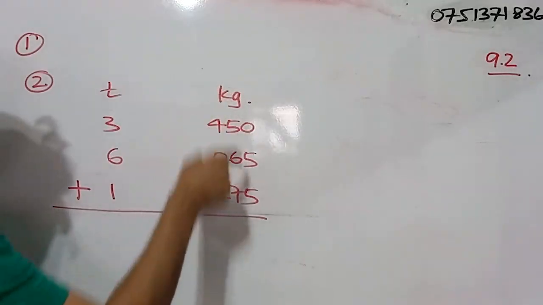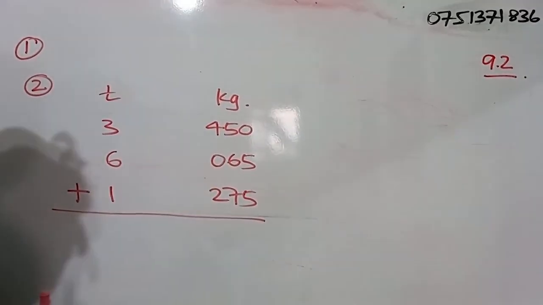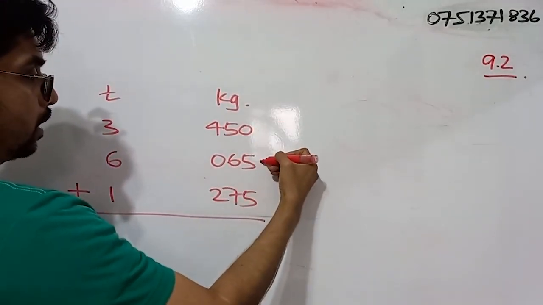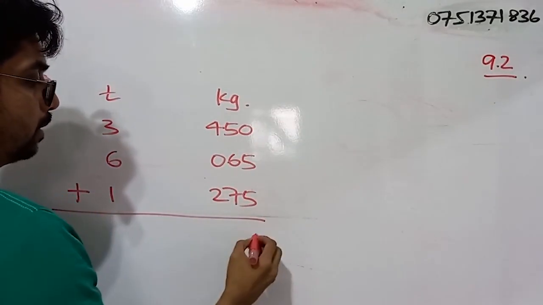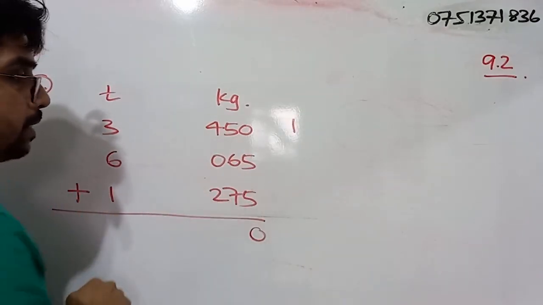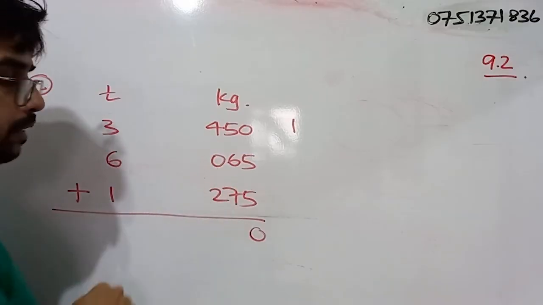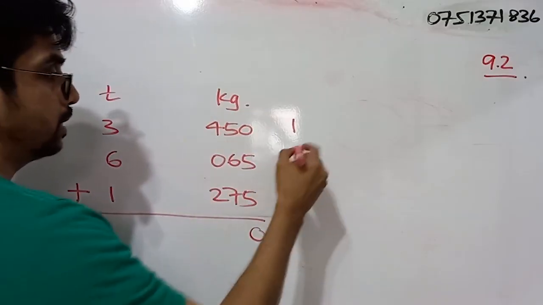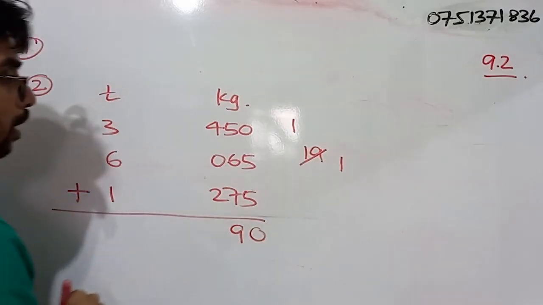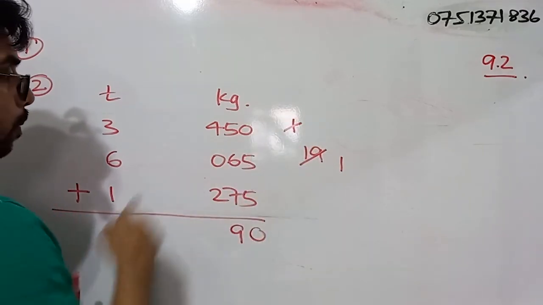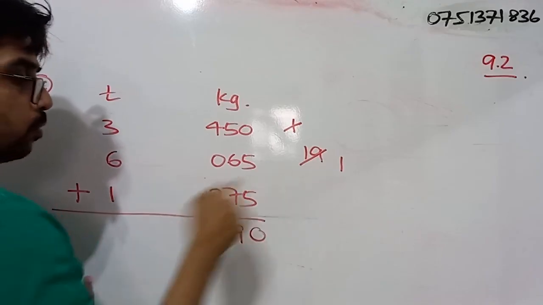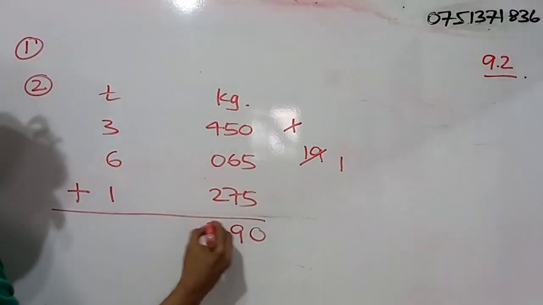Part 2. So here, just as before, we start from the kilograms portion, right? So 0 plus 5, that is 5. 5 plus 5, that is 10. So we put a 0, then regroup the 1, right? So 5 plus 6, that is 11. 11 plus 7, that is 18. 18 plus 1, that is 19. Then what do? We write 9 and regroup the 1. Right? Okay. So 4 plus 0, that is 4. 4 plus 2, that is 6. 6 plus 1, that is 7.